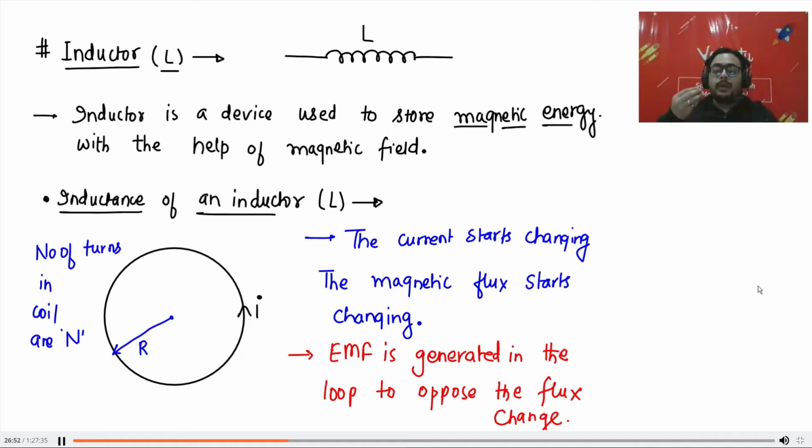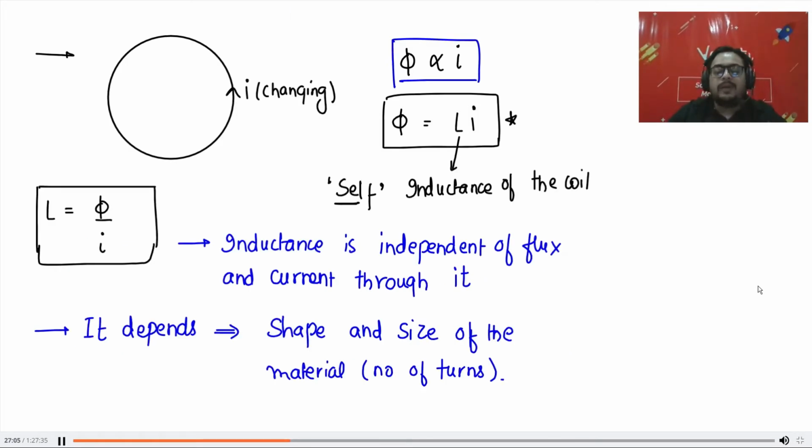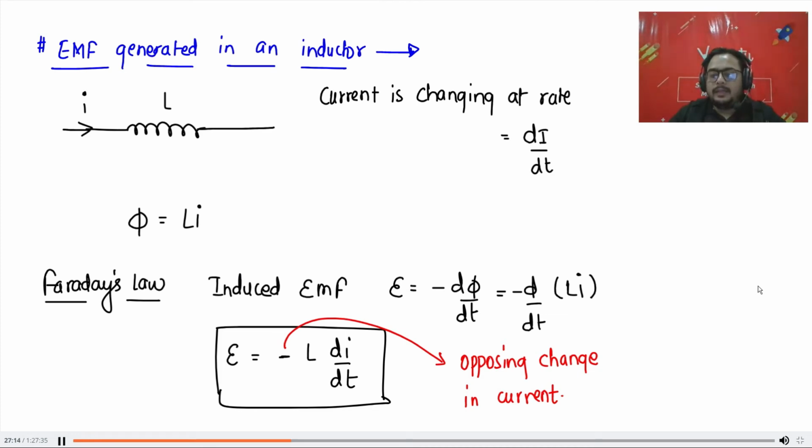Due to its own change in current, EMF is generated inside it. Then we simply calculated that phi is equal to Li, used Faraday's law, and calculated how much EMF will be generated in the inductor. Is that clear, Likita?